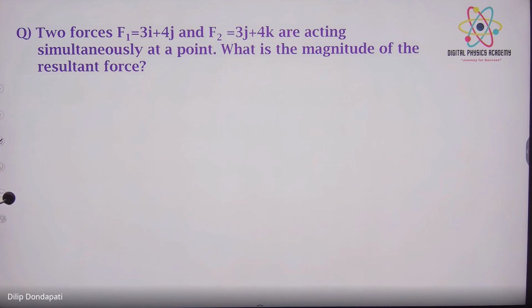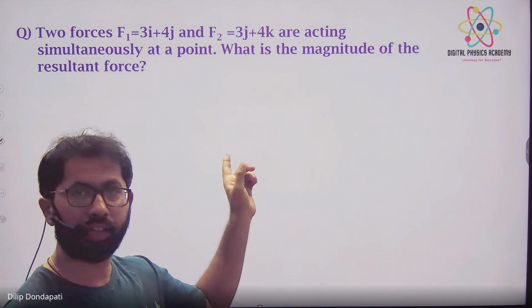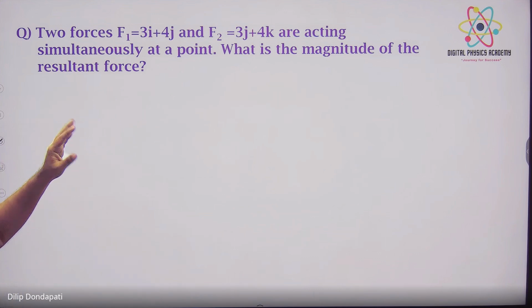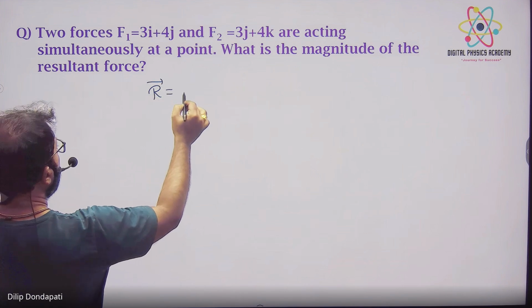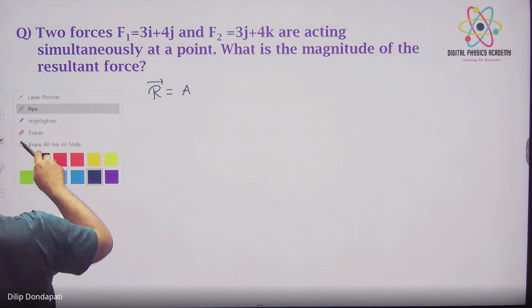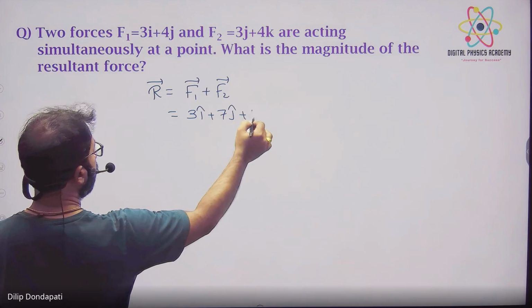Two forces F1, F2 are acting simultaneously at a point, meaning they are acting in the same direction. Find the magnitude of the resultant force. Resultant means nothing but addition only. So he's going to find the resultant, F1 vector plus F2 vector. 3I cap plus 7j cap plus 4k cap.